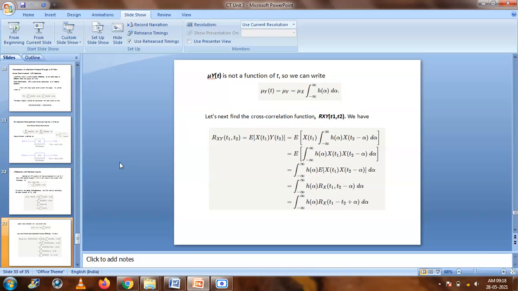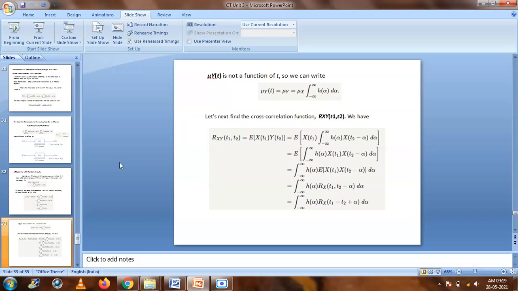The mean function can be written as mu y, and actually the mean function deals with only one signal, so that signal might be x or y. X is the input here and y is the output here. So mean of y of t equals mu y, or mu x. We can use either one. That is the formula: the integral from minus infinity to plus infinity of h of alpha d alpha. If you apply it to the mean value, you can change x or y.